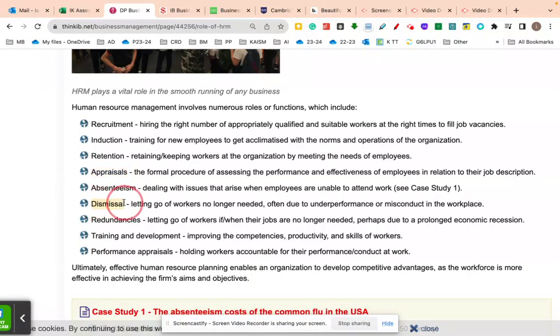Dismissal. Dismissal is letting go of workers due to underperformance. It's the difference between dismissal and redundancy here, which is next. Dismissal means the worker has done something which is major or a series of minor underperformance issues.